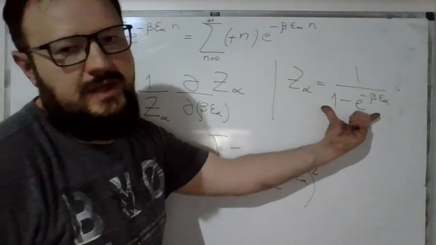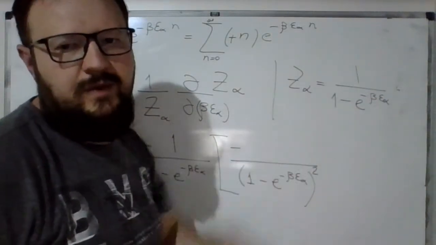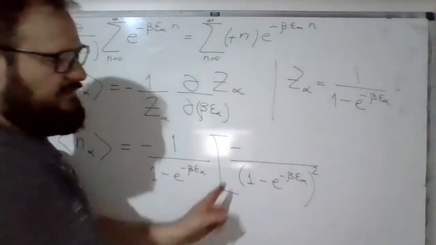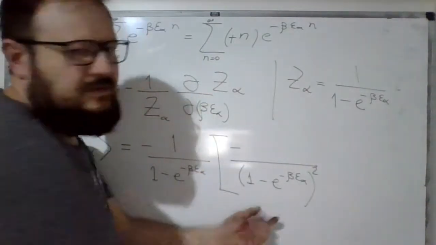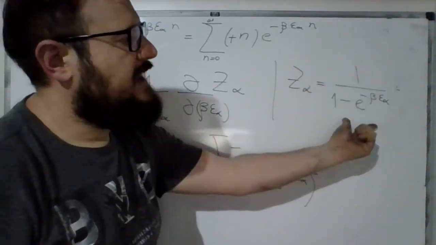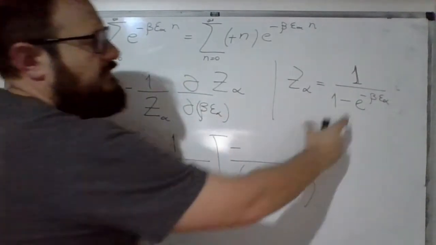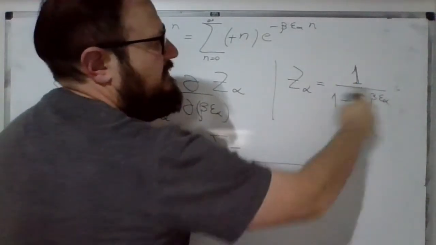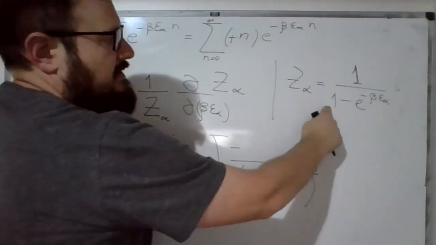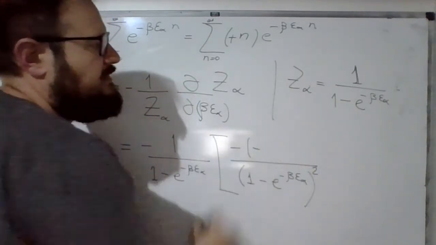We can use the derivative of 1 over some equation here. So we have the square of the function, the denominator, the derivative of this times that, but the derivative of 1 is 0, minus 1 times the derivative of that. The derivative of this one is 0, this minus comes into place.